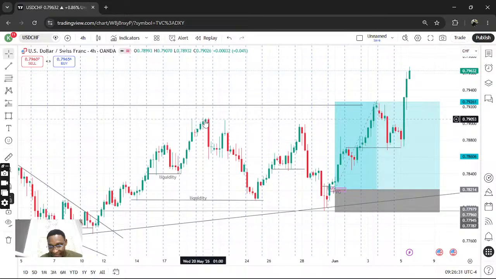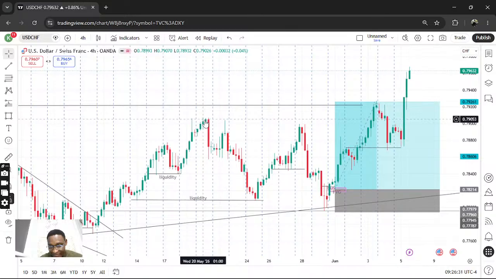This bullish candle, this grave candle, and this bearish candle that formed here formed a shooting star. And what does the shooting star show you? The shooting star is a reversal pattern that happens when the market is in a bullish direction and it gets rejected and decides to come down.